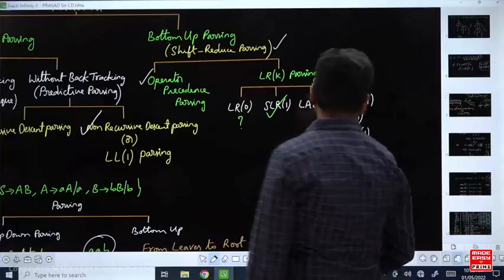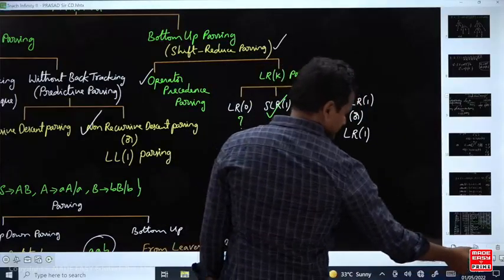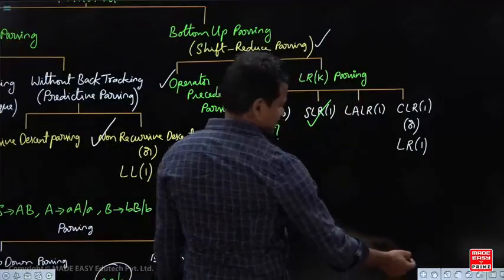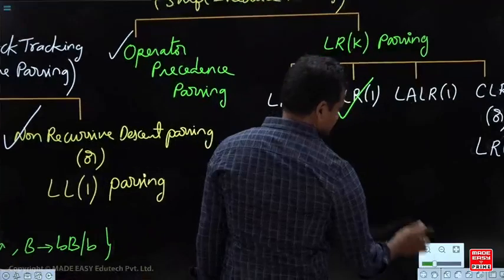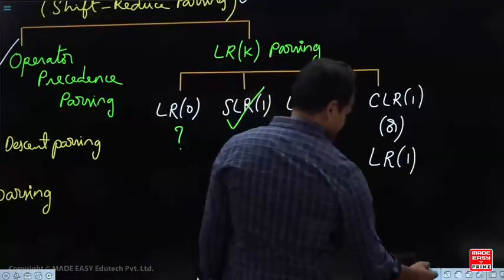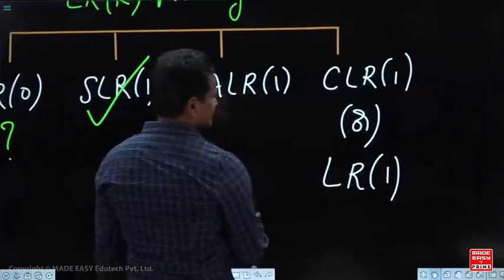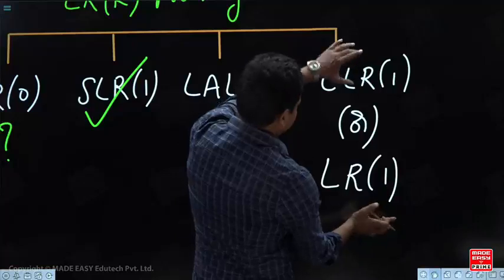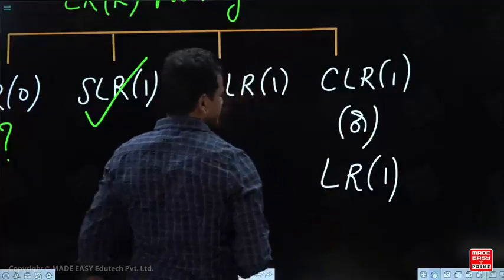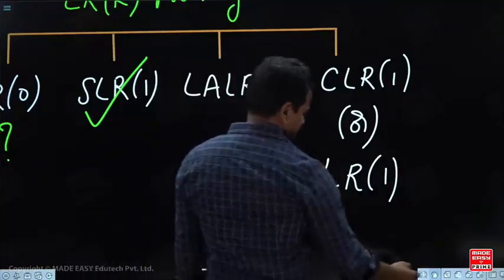Look at this. CLR of 1 or LR of 1, both are the same.